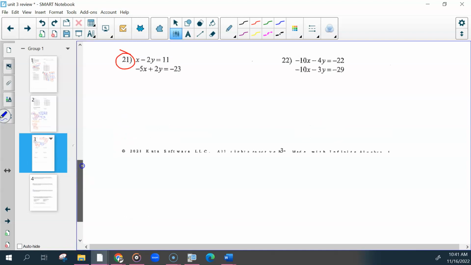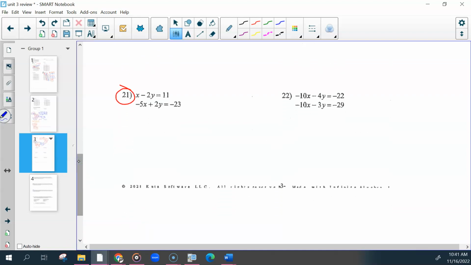For 21, we already have common coefficients or similar coefficients, the -2 and the 2. So again, if you're not sure, you can put it in your calculator. -2 minus a +2, -2 plus a +2 is similar to the one we just did. So we would be adding x plus a -5 is just x minus 5, so -4x.